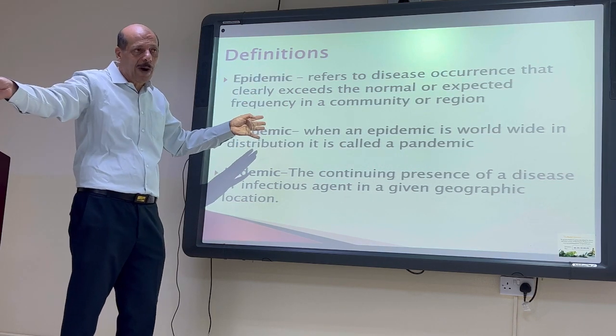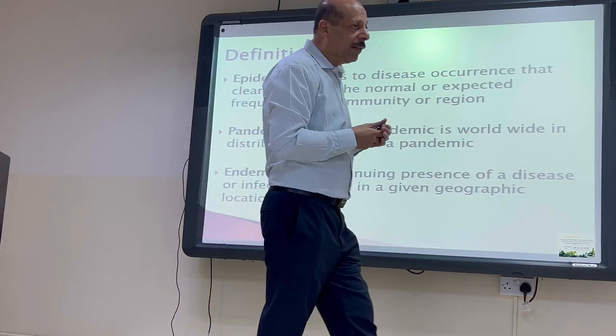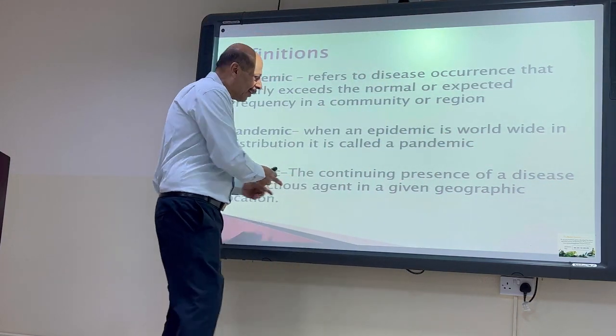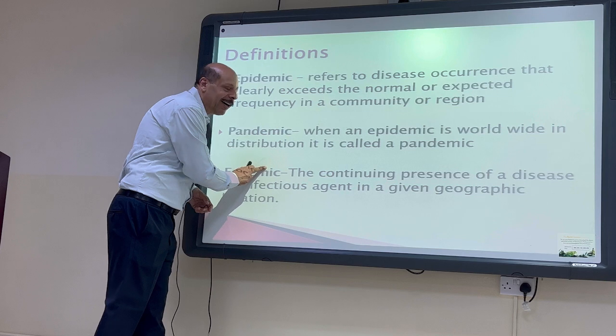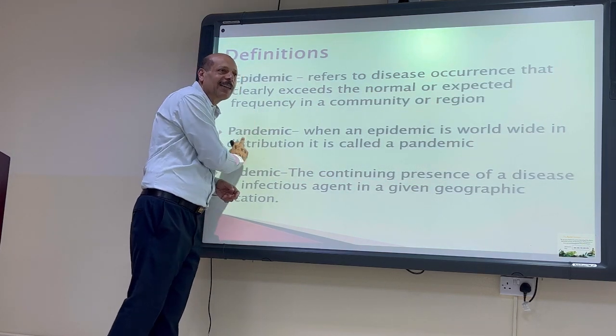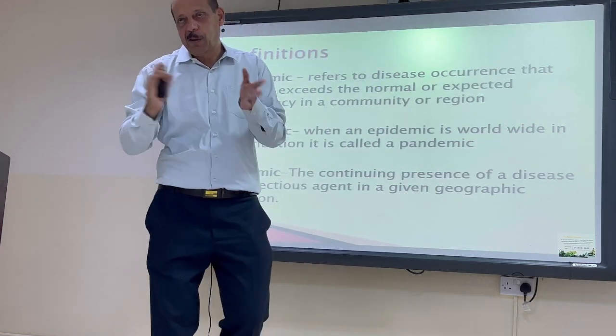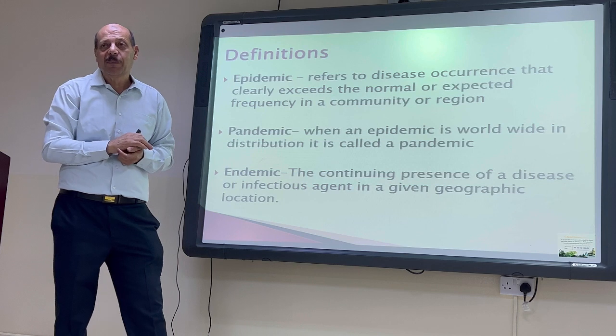Pandemic is worldwide, it will be spread out. We can consider it as when it started in Wuhan, this is endemic; when it spread to China, this is epidemic; when it spread to the whole world, this is pandemic. Okay, did you understand the difference between those terms?